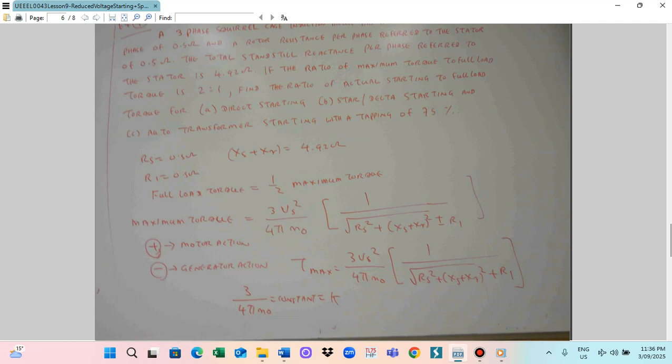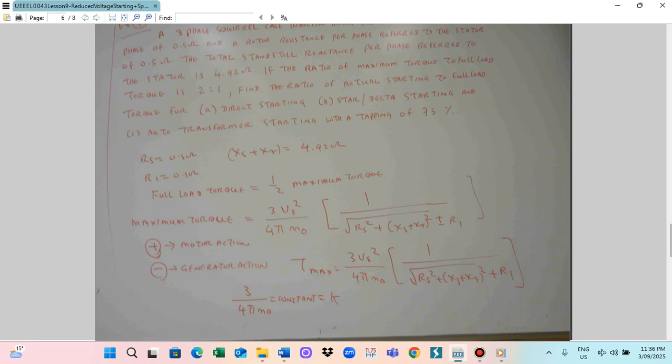So then in the problem, Rs, Xs and Xr are already given. Rs is 0.5 ohm, the stator resistance, and the rotor resistance value also is 0.5 ohm, and Xs and Xr combination is 4.92 ohm. So those things you substitute.